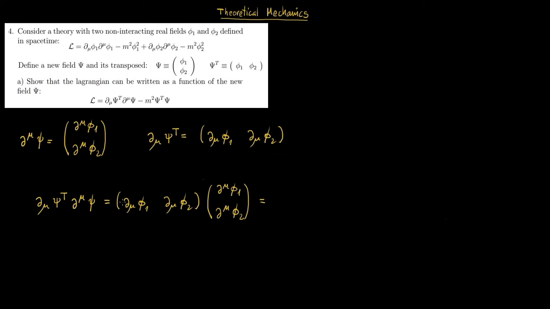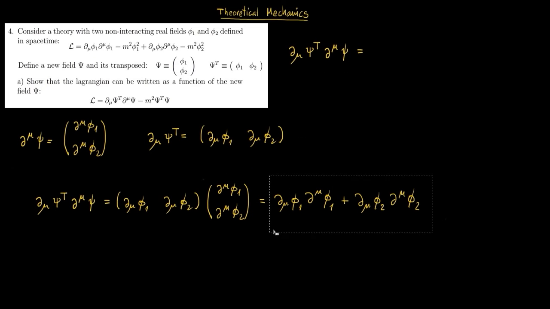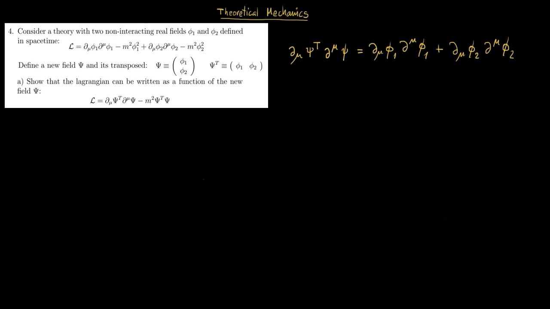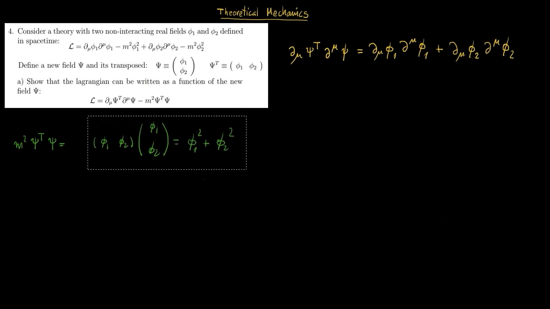We can see now that the scalar product of these terms returns the original kinetic term from which we started. Now the mass term, the transposed field multiplied by the original field, and again we make the scalar product. By multiplying by m squared, we recover the remaining term.